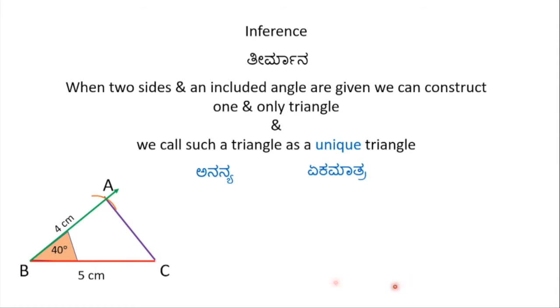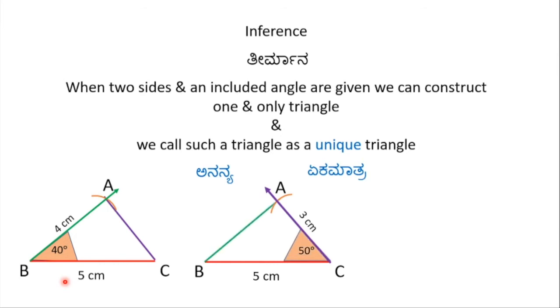Here AB, BC and angle B are given, or we can also be given two sides, say BC and AC, and you can just join AB to get a unique triangle. Or in the third case, they can give us the length of AC as 3 centimeters, the angle A as 90 degrees, and the length of AB as 4 centimeters.